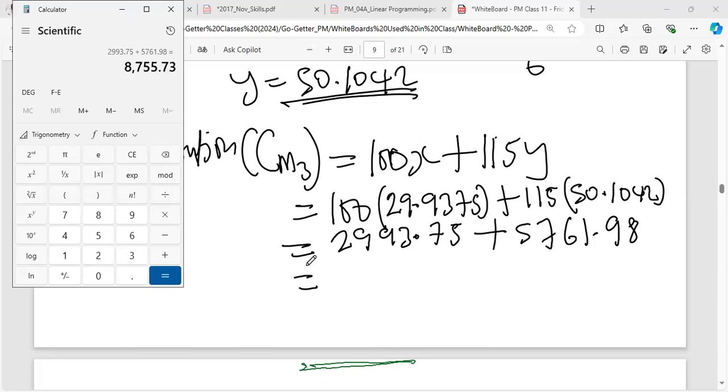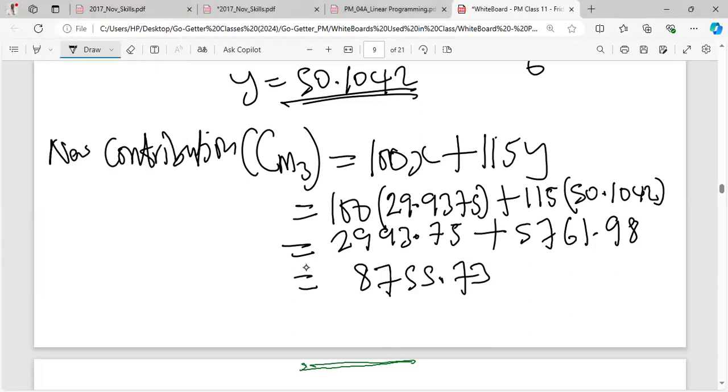That gives us 8755.73. So this is your new contribution, CM3.